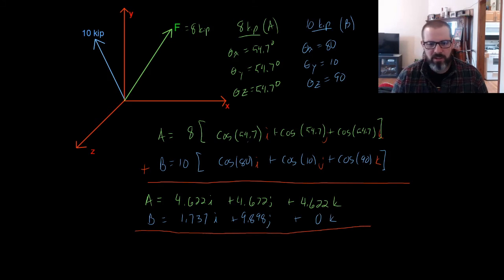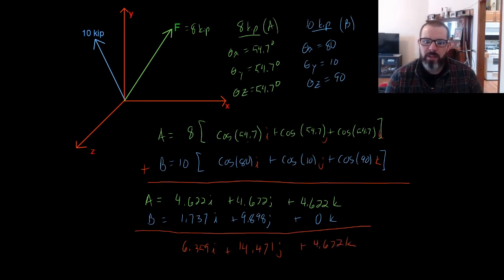If we add them together, we get a total of 6.359I plus 14.471J plus 4.622K. So if you have vectors and you break them down into your I, J, and K notation, you can do addition directly by adding the X, Y, and Z components, or the I, J, and K components.